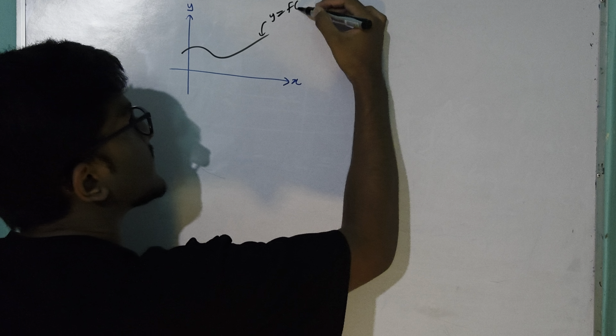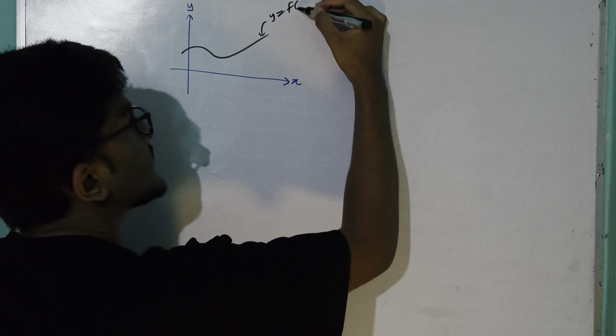Alright, now what I'm going to do is mark a random x coordinate. Let's mark it over here and just call it x. And since this is y is equal to f of x, the y coordinate of that would be f of x, right? And then I'm going to go a teeny weeny little bit along the x-axis, and let's just call that distance a.